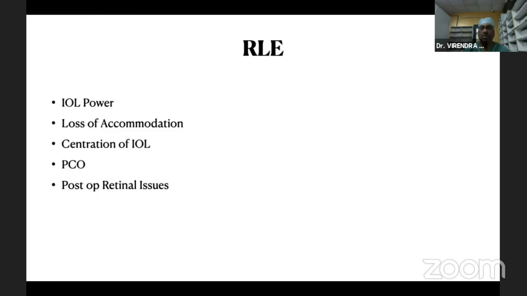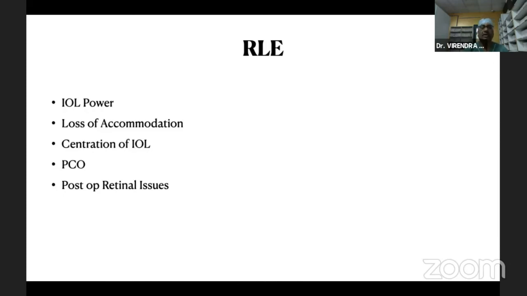The issues with refractive lens exchange: again, IOL power calculation accuracy is a must. We have handheld keratometers. We can do axial length measurement by immersion ultrasound under anesthesia, but still power calculation is an issue, because we have different thoughts on whether it should be reduced 20%, 10%, or what amount of power should be implanted lower than that.